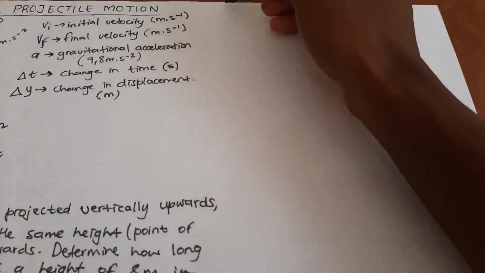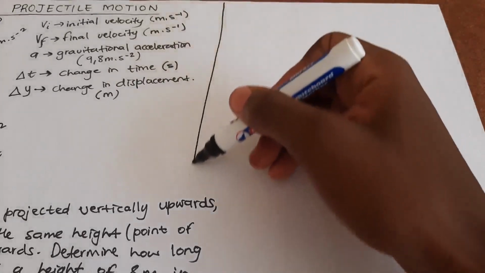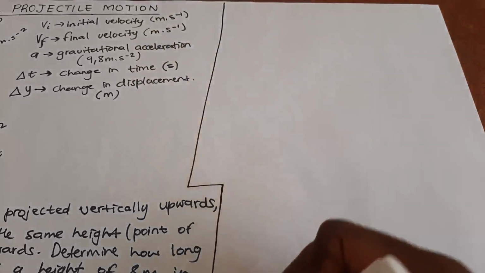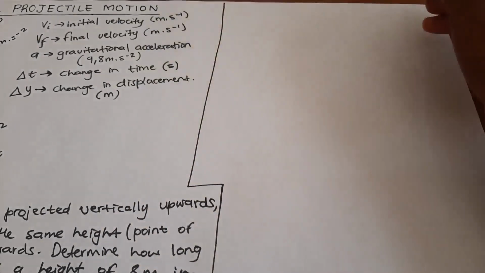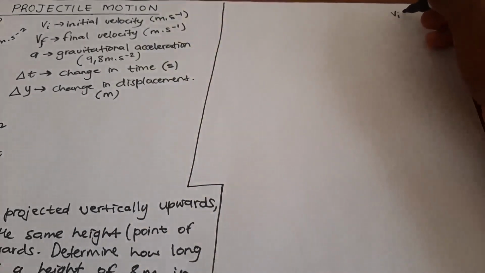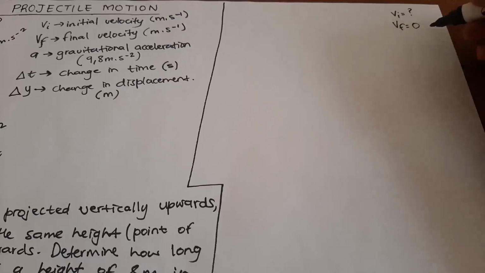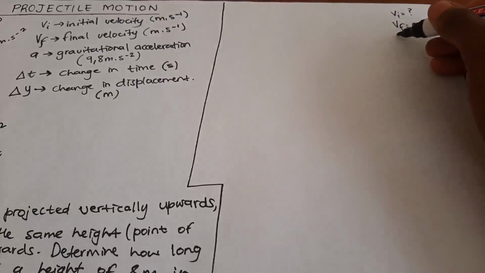So look, let's first do this. The initial velocity is not given. The final velocity is equal to 0.